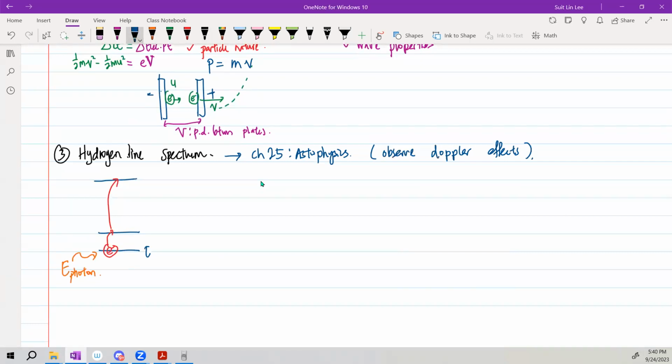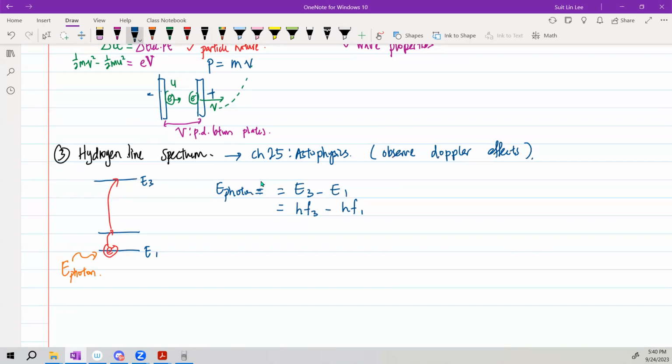Let's say it transitions from E1 to E3. In this process, I can say that the energy of the photon is equal to E3 minus E1.